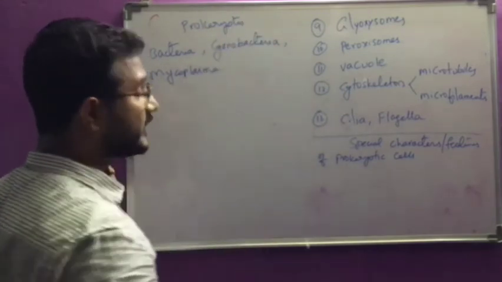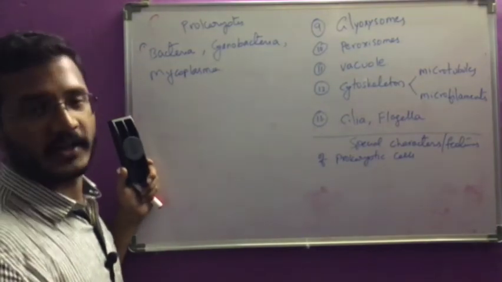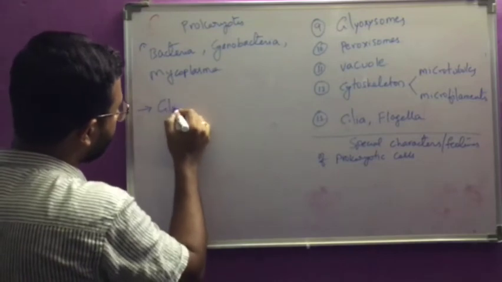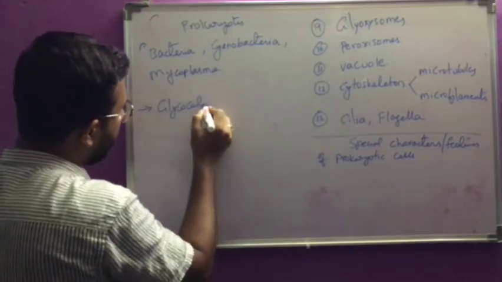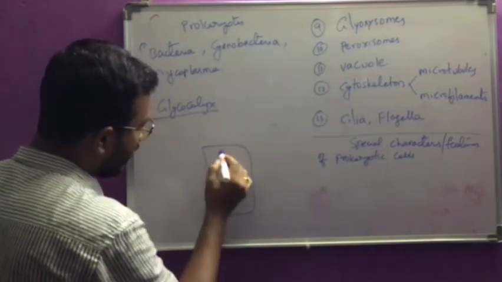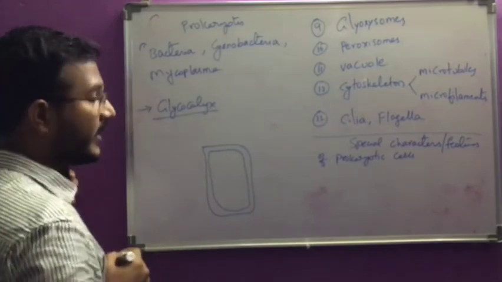So what are the special structures, other than these, present in these three types of organisms? Those are glycocalyx. What is it? For example, this is a plant cell, outer having cell wall and inner having cell membrane. But what is glycocalyx?